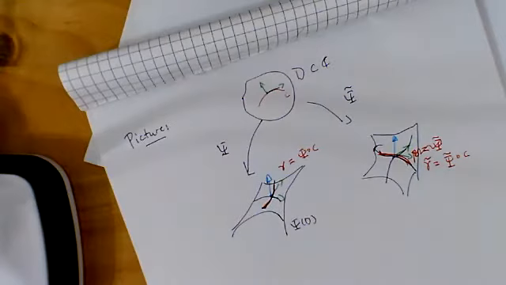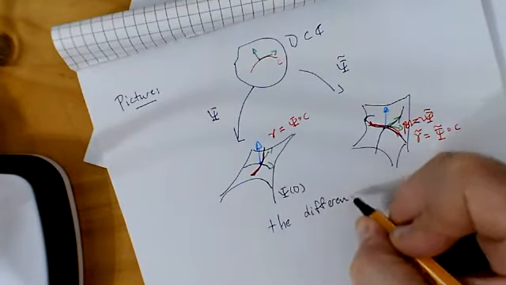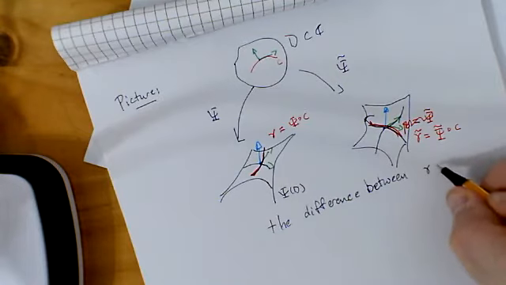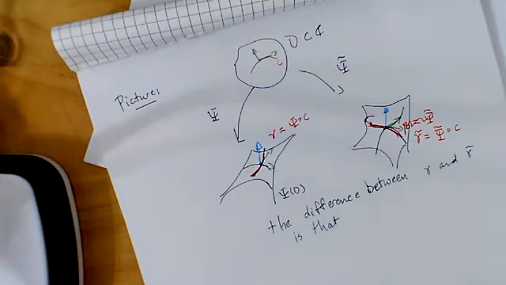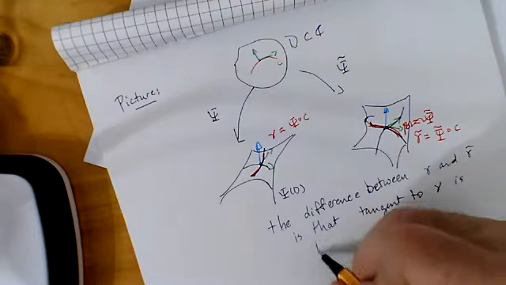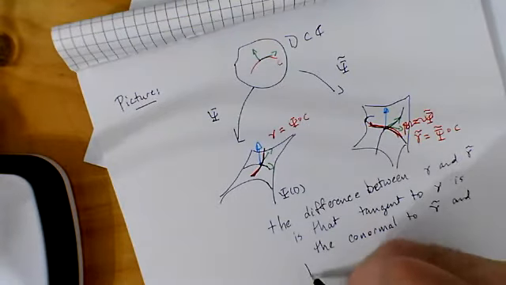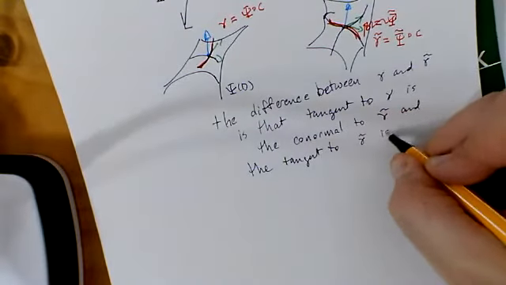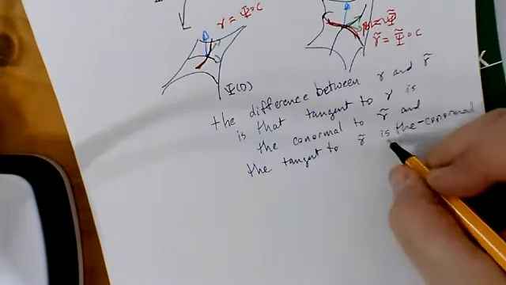I see that the difference between the two curves gamma and gamma tilde is that the tangent to gamma is the conormal to gamma tilde, and the tangent to gamma tilde is minus the conormal to gamma.